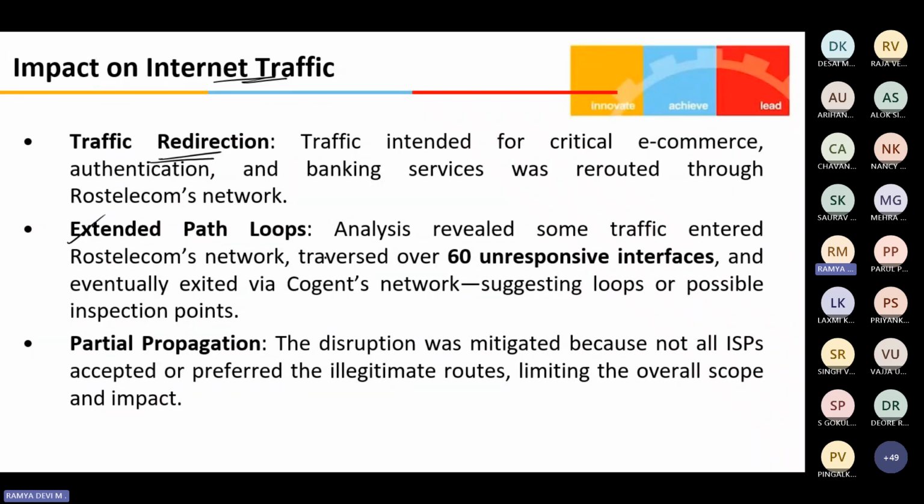Also extended path loops happened, long abnormal paths. Packets that entered the Rostelecom network traversed more than 60 unresponsive interfaces, right? So that was a major problem. And the third one is partial propagation, so not the complete internet.